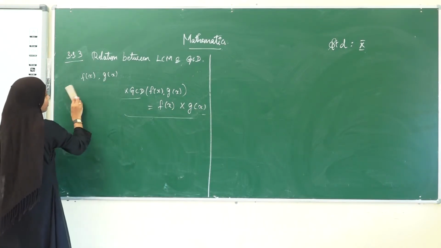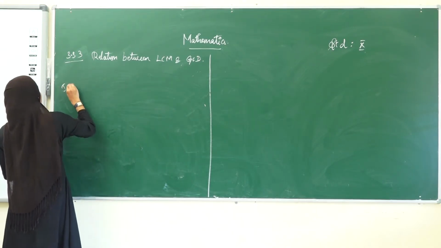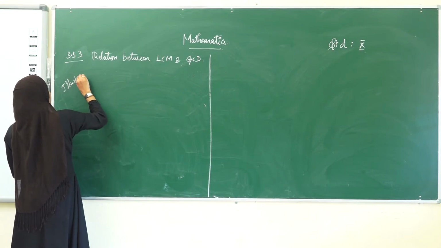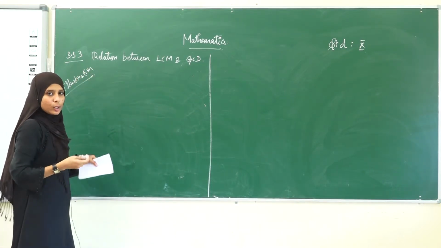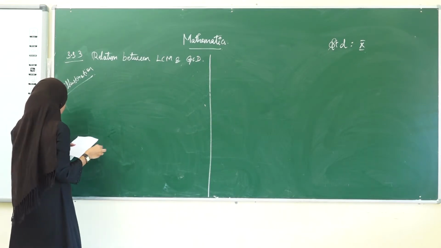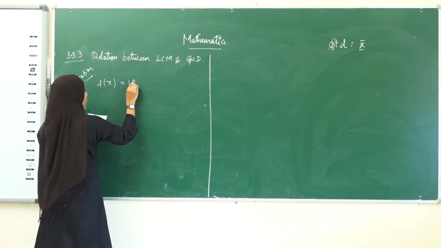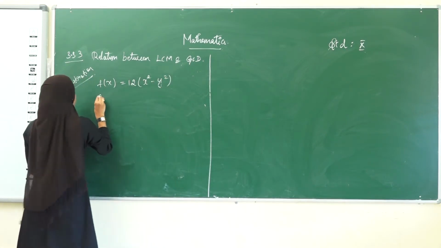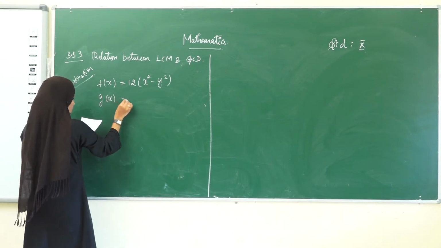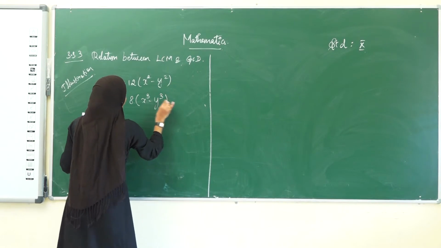Now let us see some illustration in this. They have given an example in the form of illustration. How can this be applied for the polynomials? See here, for illustration they have given f of x as 12 into x square minus y square, and some other polynomial g of x as 8 into x cube minus y cube.